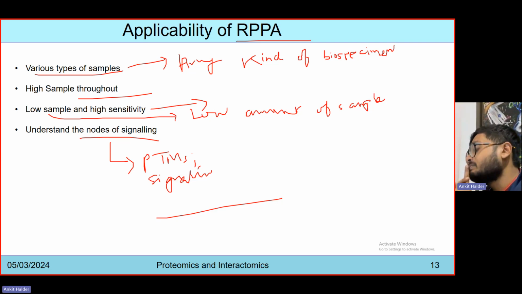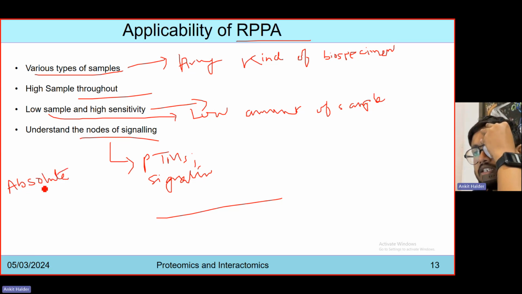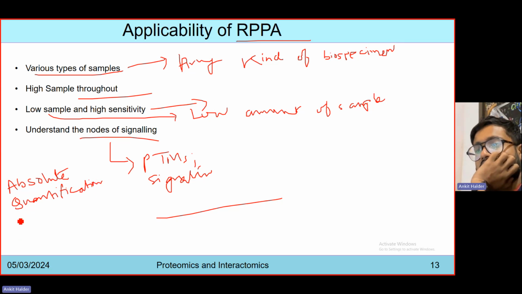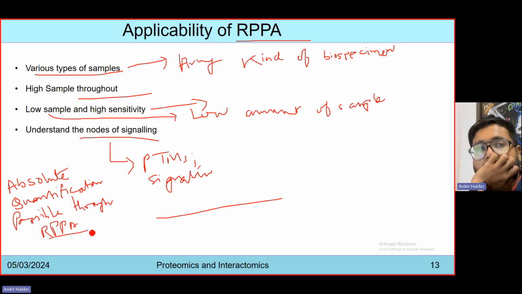Also, one thing I forgot to mention is that absolute quantification is possible through reverse phase protein arrays as well.